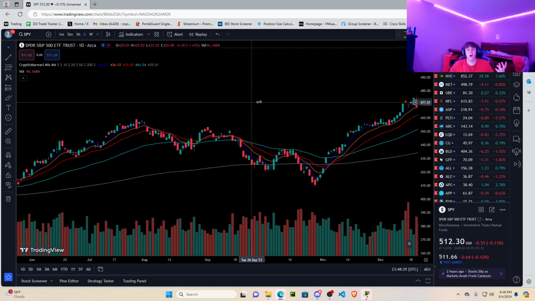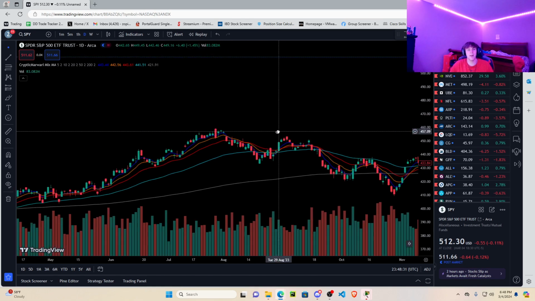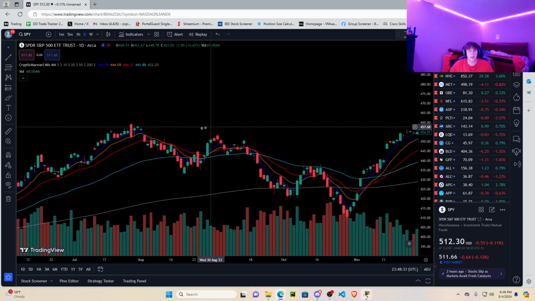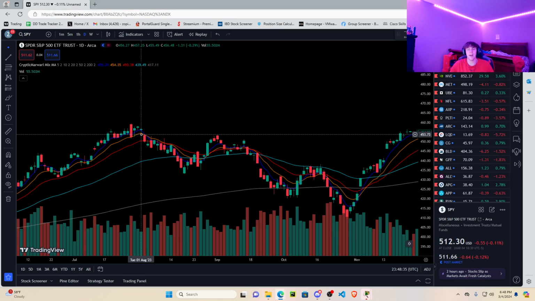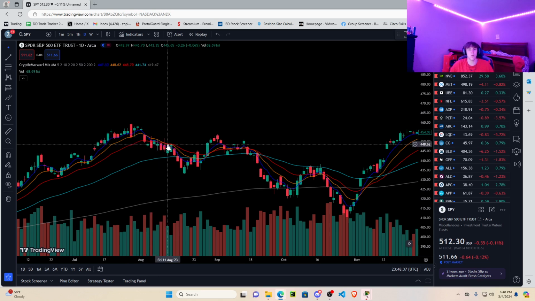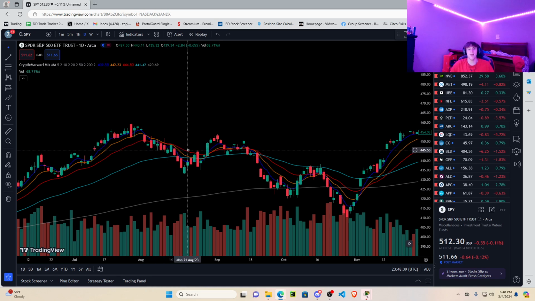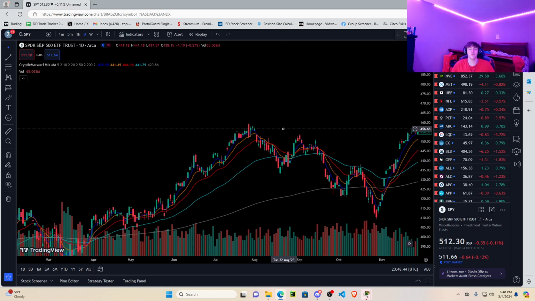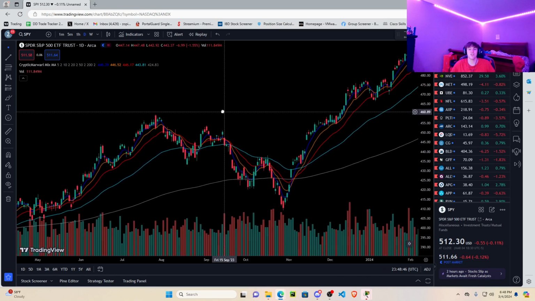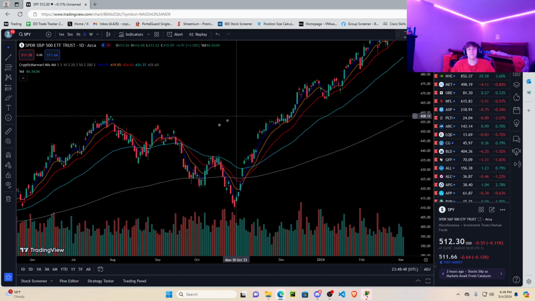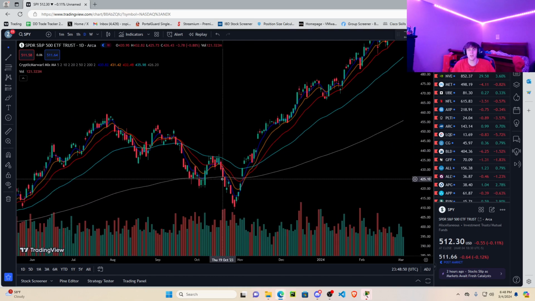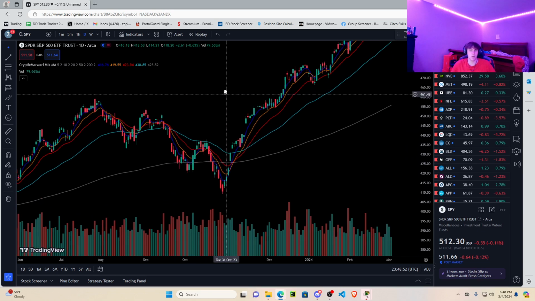An easy way to know when this is happening is when this orange line, the 10 EMA, goes below the red line, the 20 EMA. That's a sign that you should stop trading and should just sit on cash. Because sitting on cash is actually going to save you money. Believe it or not, if you're trading in these downtrends, you're just going to lose money. It's not going to work.